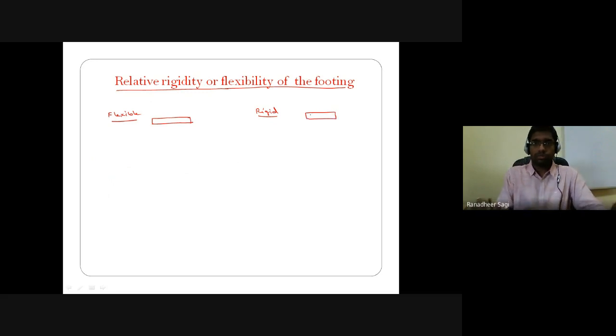One is relatively said to be flexible in nature, the other is relatively said to be rigid in nature. Now, what is meant by flexible footing? Flexible means that particular footing is free to bend or free to deflect. When it comes to your rigid footing, we say there is no bending happening in this particular footing. That is what we call your rigid footing.